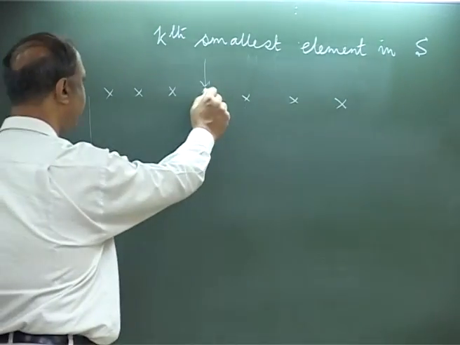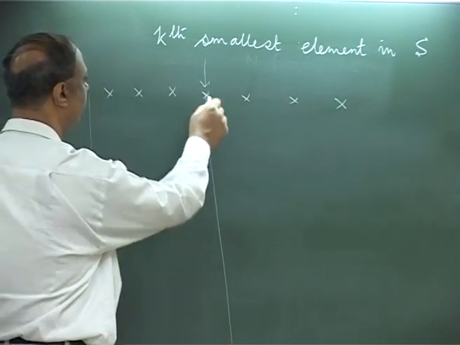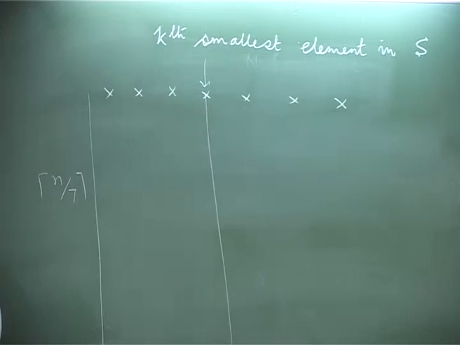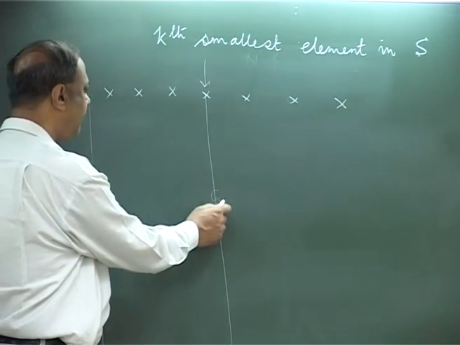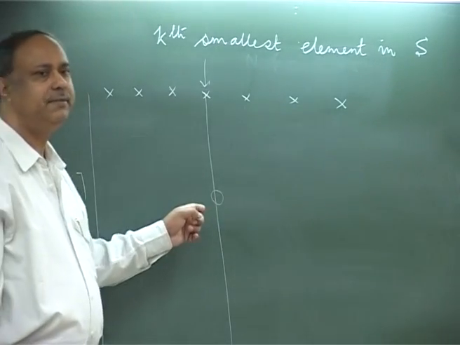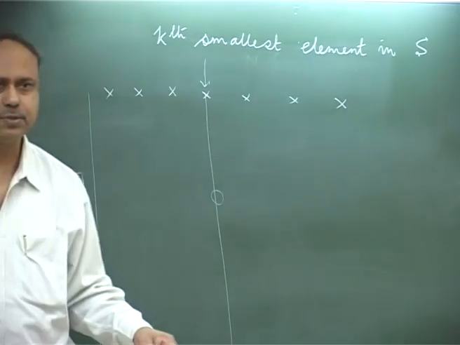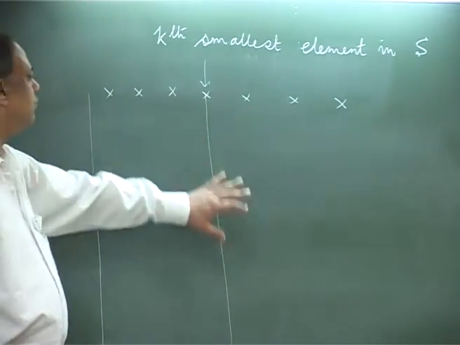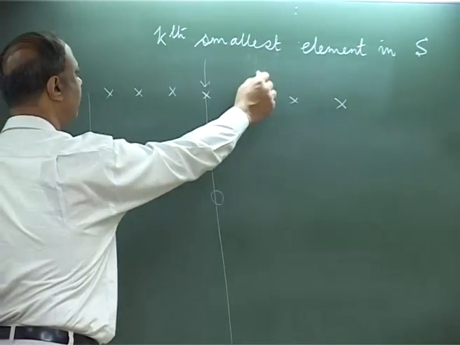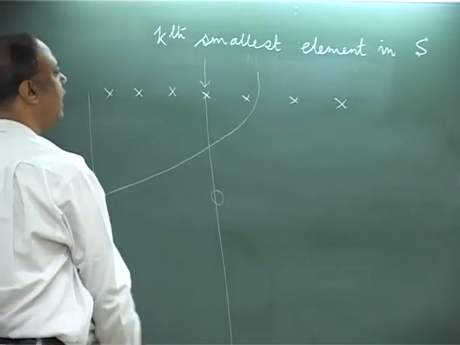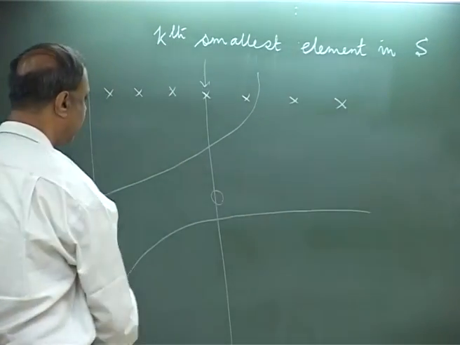Then you find the median of these median elements by a recursive process. Suppose this is the median element. This median element is used to divide this whole sequence into 3 groups: the elements which are smaller than this, equal, and the elements which are larger than this.